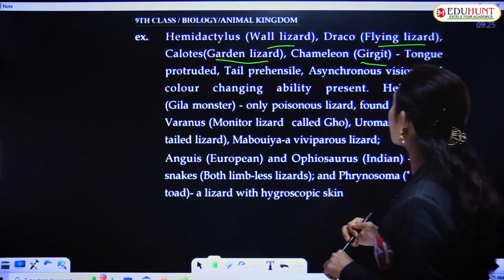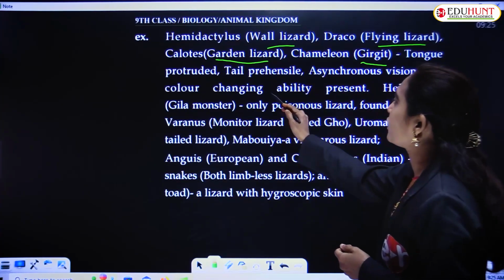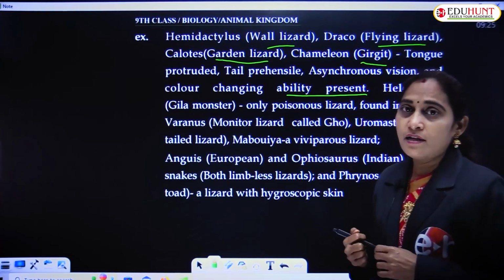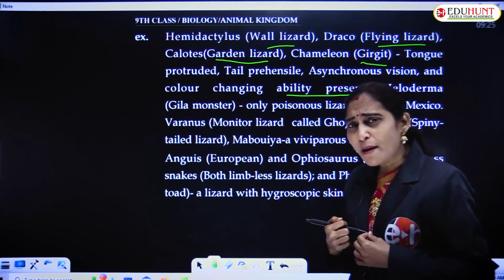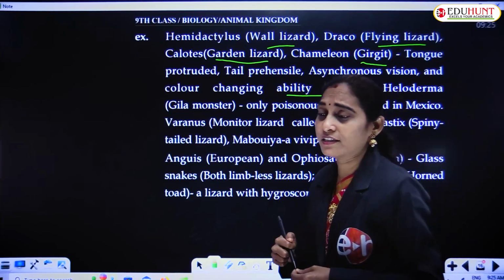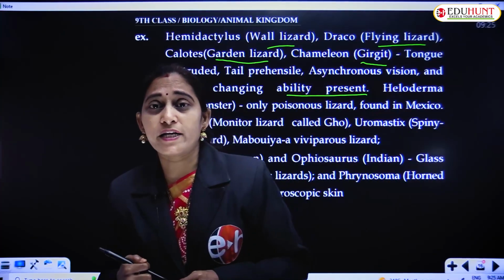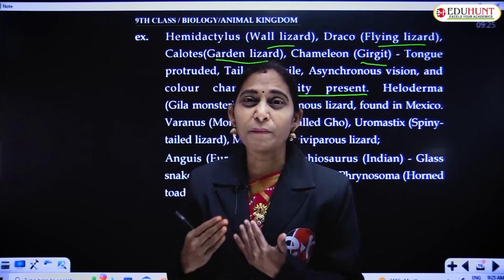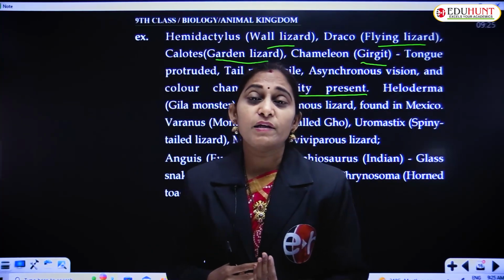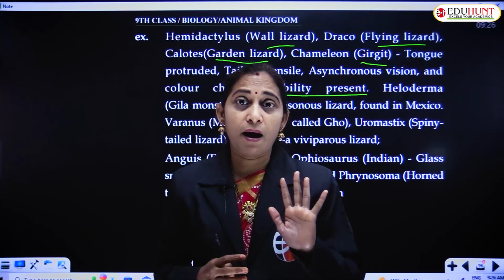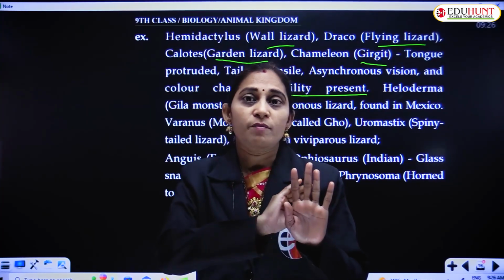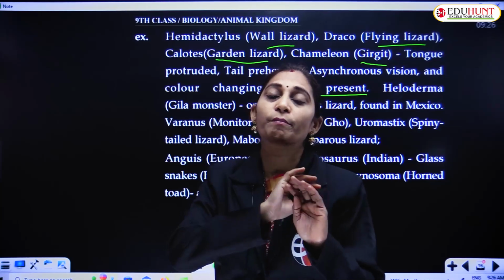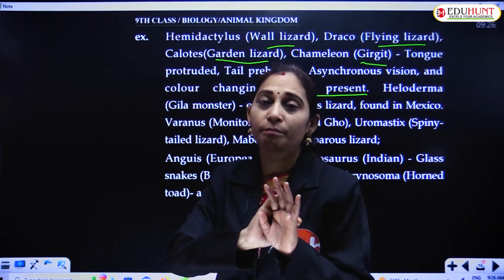And asynchronous vision and color changing ability are present. What is that color changing ability? That is called camouflage. Camouflage means they change their body color to match the surrounding environment, to mimic the environment. For example, if they are on tree bark, their skin color resembles the bark color.